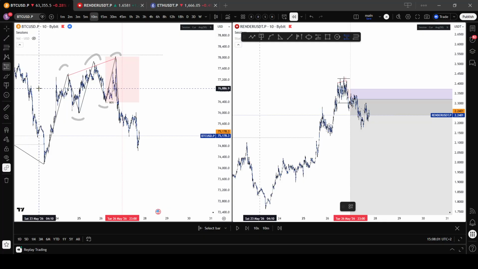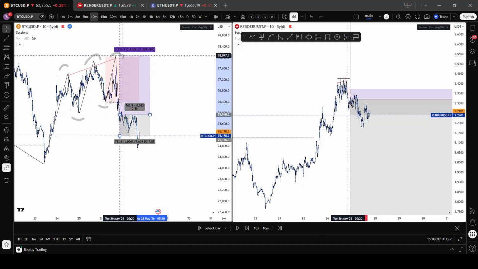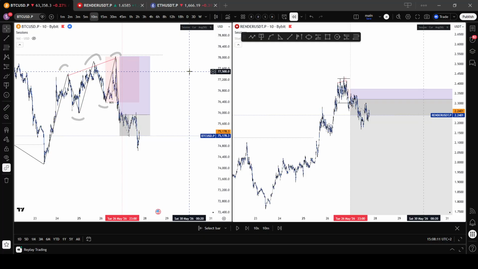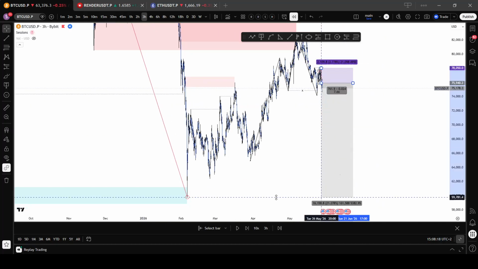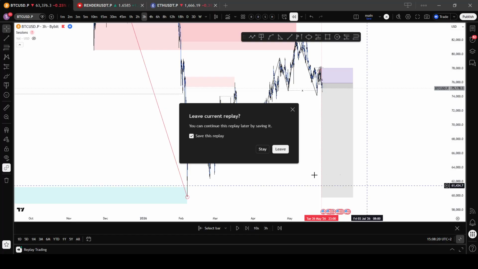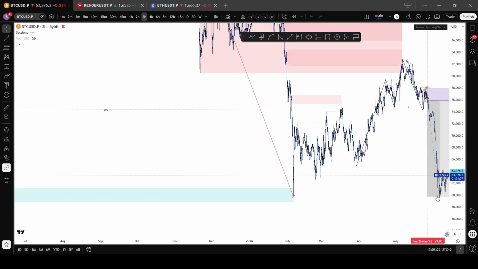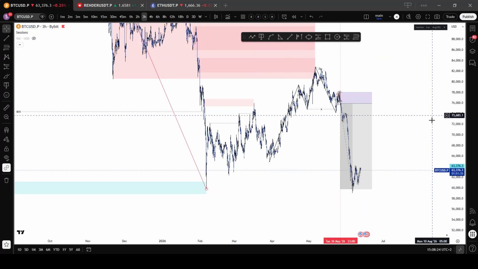And in hindsight, I don't know why I took Render and Pump Fun and other shorts, but you could have basically just shorted Bitcoin here and targeted this low as the first TP. It would have been completely valid to take.